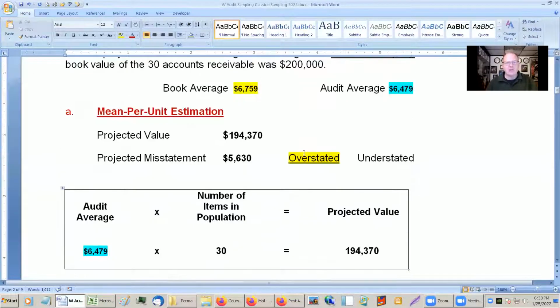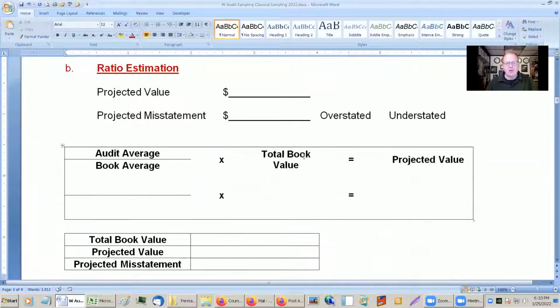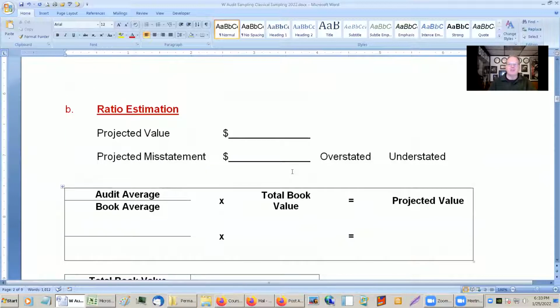Okay, so this is mean per unit. Ratio estimation basically says that large dollar amount items will have larger errors than smaller dollar amount items. An account with $5,000 wouldn't be that unusual to be off by $200.